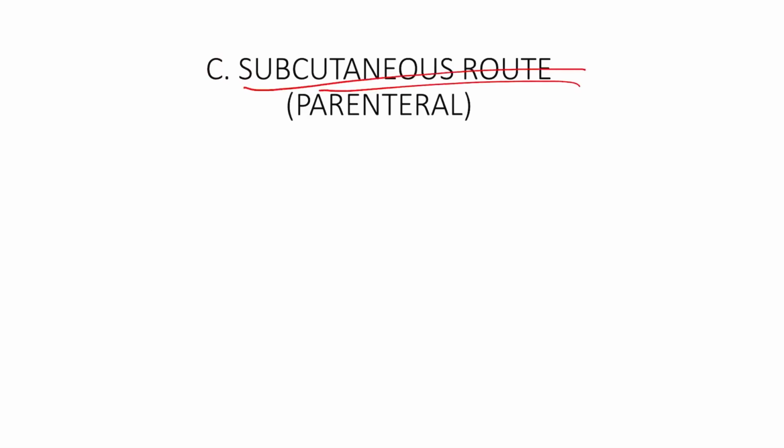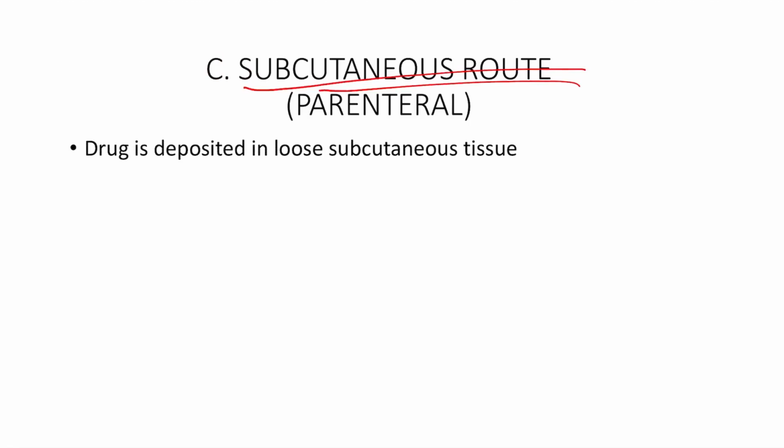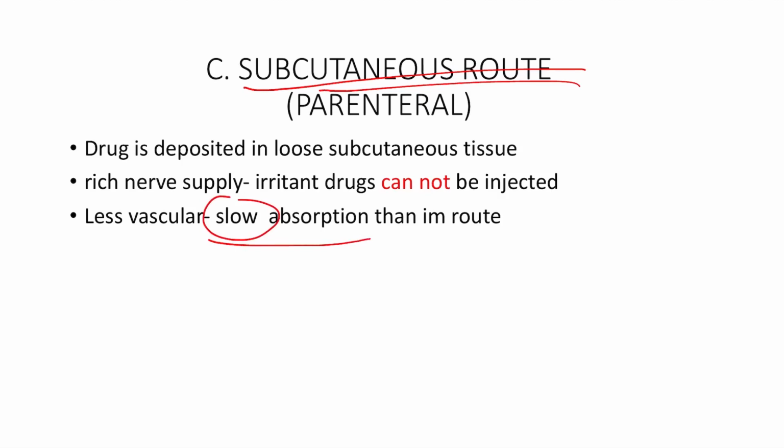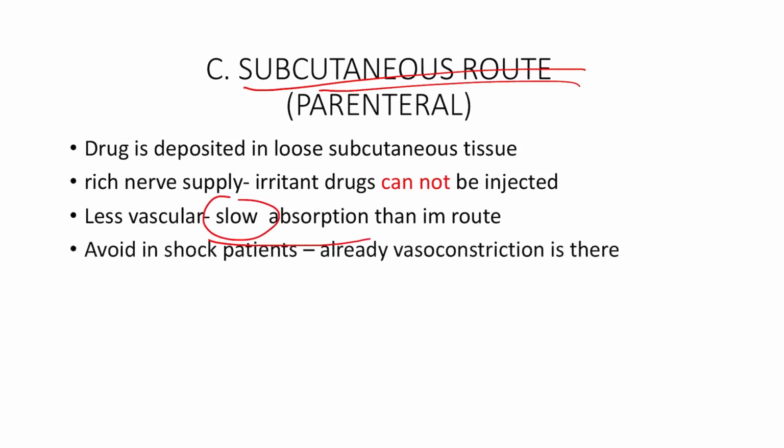Third would be subcutaneous. As the name suggests, we are introducing the drug into the subcutaneous tissue where mostly fat is there and there is rich nerve supply, so irritant drugs cannot be injected at that site. It's comparatively less vascular, so in comparison to the intramuscular route, the absorption is a bit slower. Avoid it basically in shock patients.